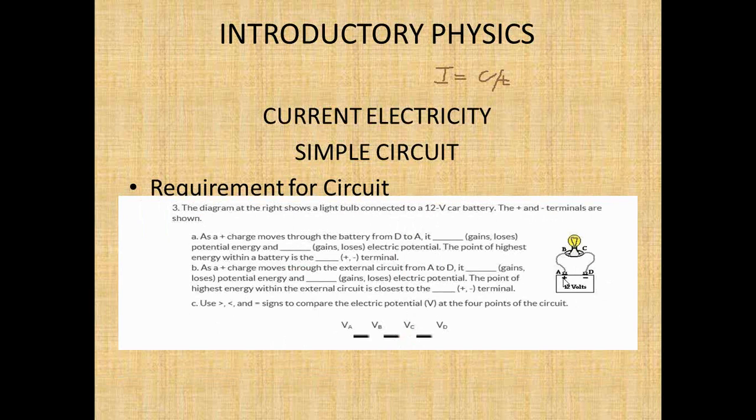You need energy for that. You need energy because you're moving a positive charge towards a positive charge. You need energy for that, and that's what's going to create the electric potential difference.